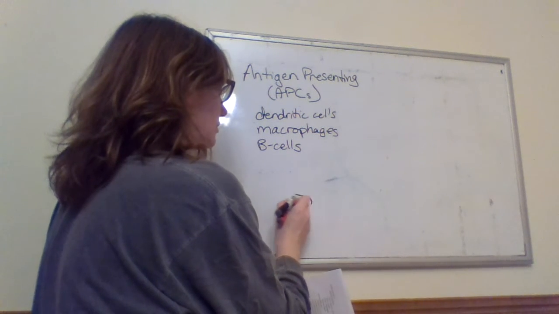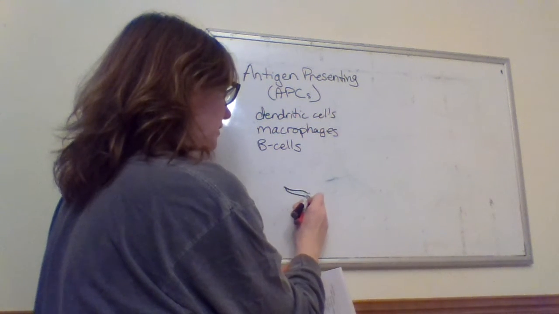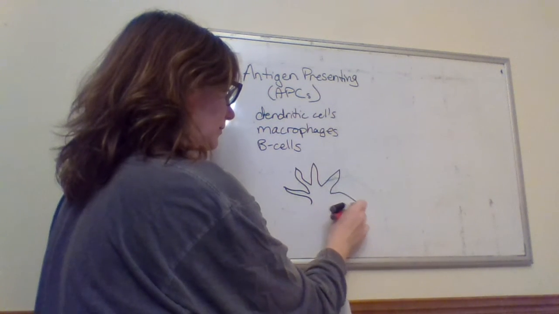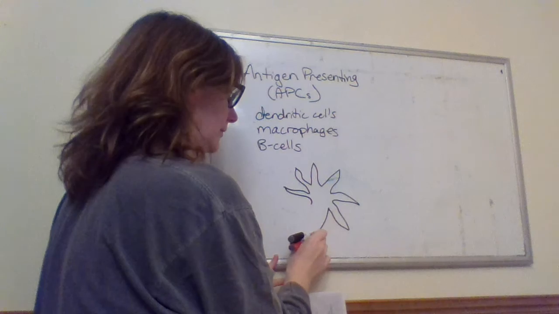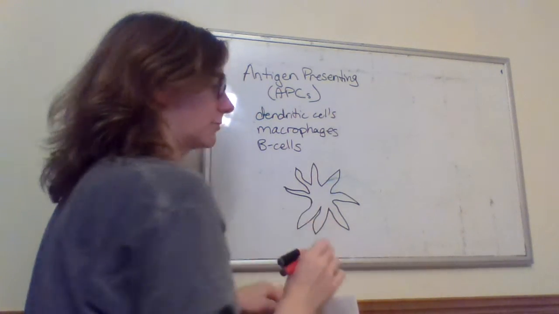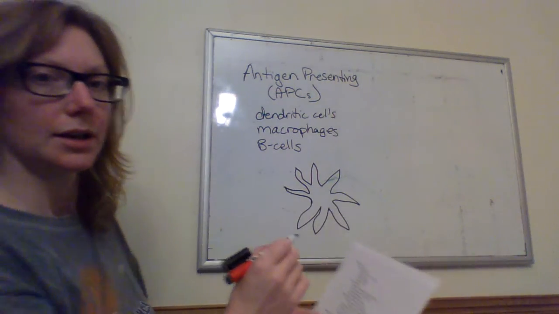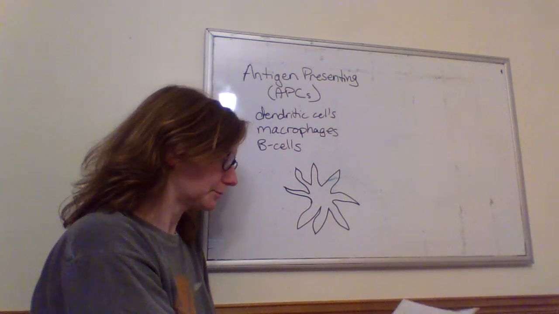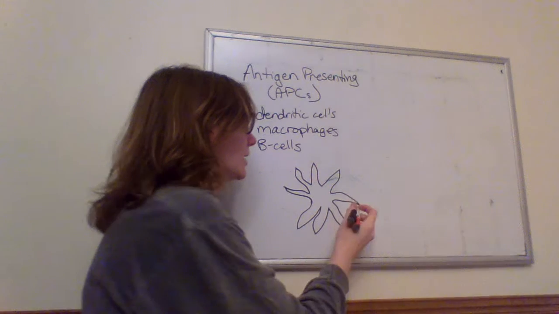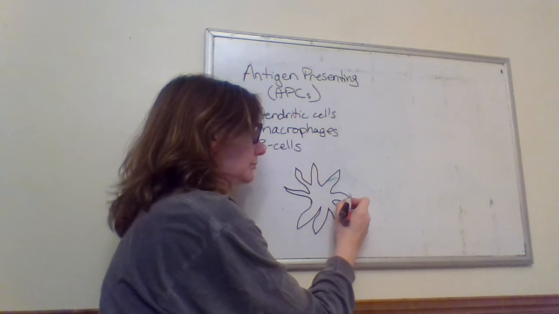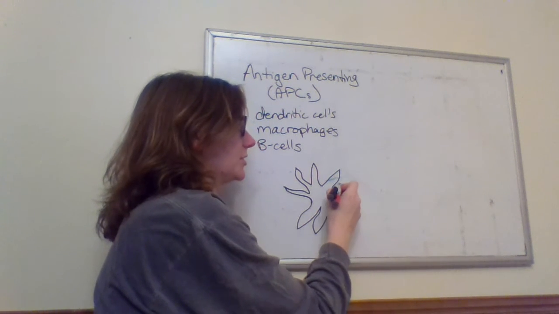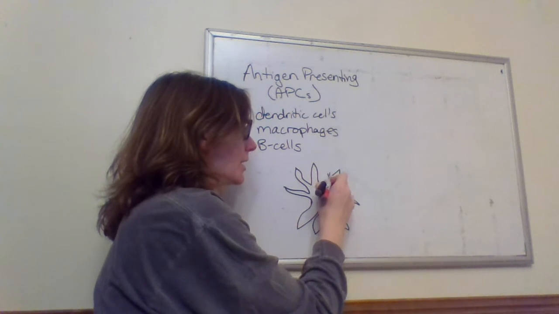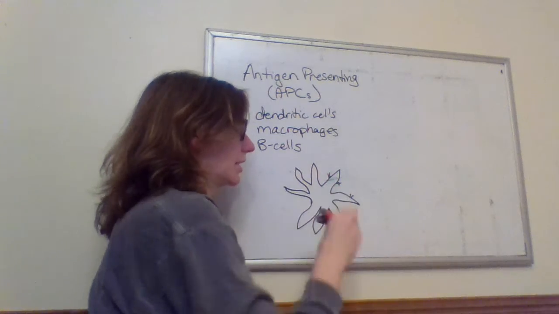Well, let's draw one of these. Let's say we've got one of these dendritic cells running around in your body, and it has the MHC complexes on it. And it also has receptor sites.